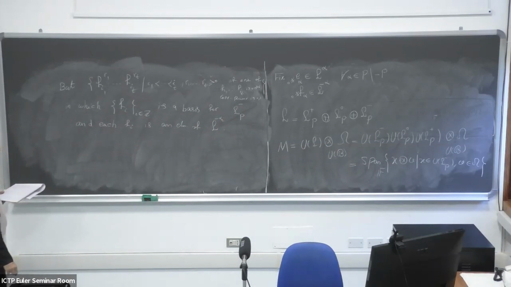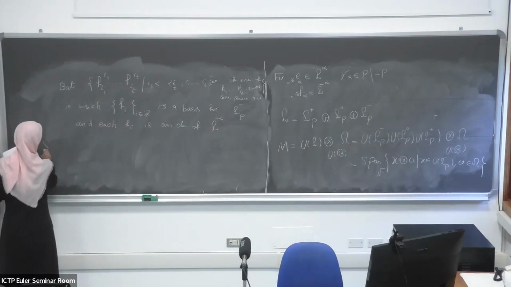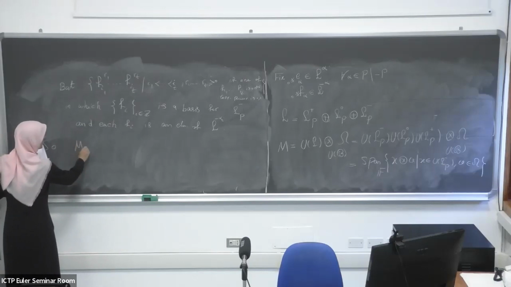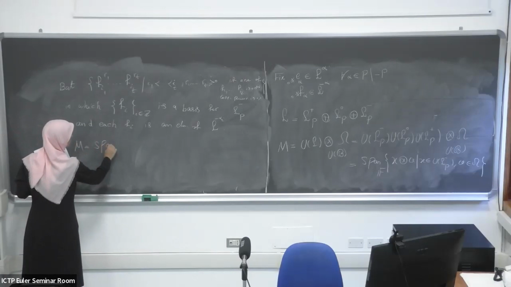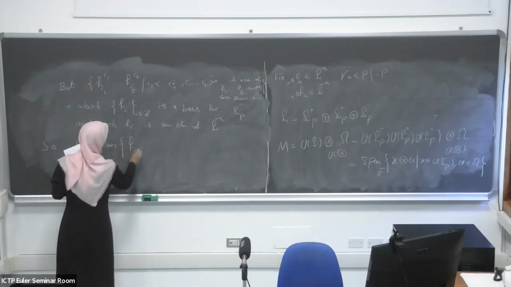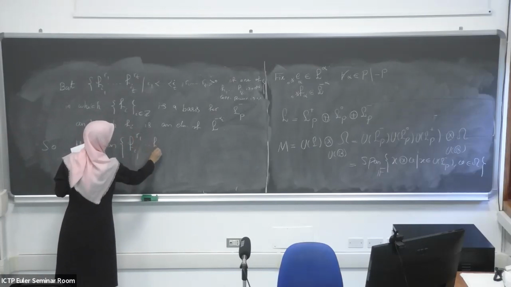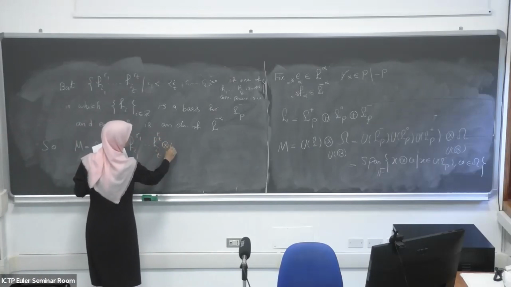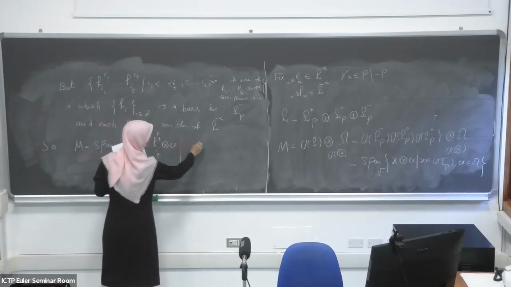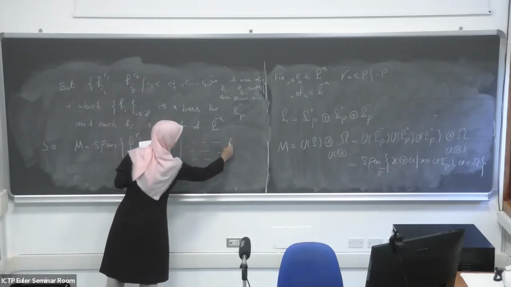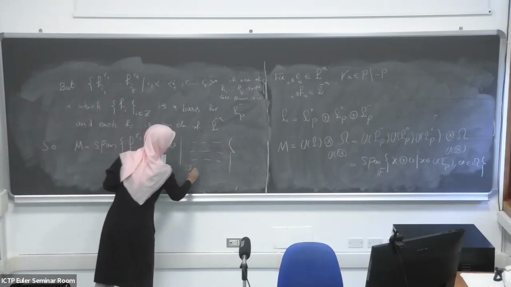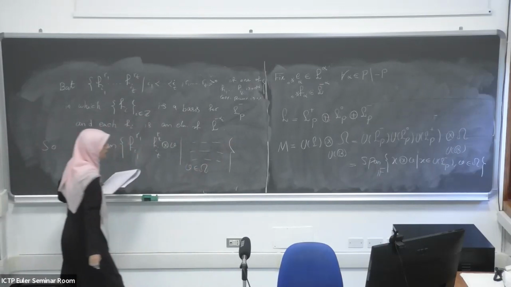Okay, so M is the span of Fi1 R1 ... FiT RT tensor V. I don't write these indices, it's like that one, and V is an element of omega.